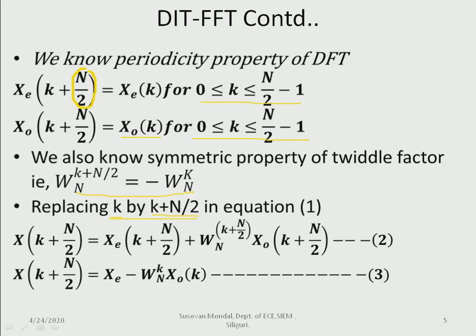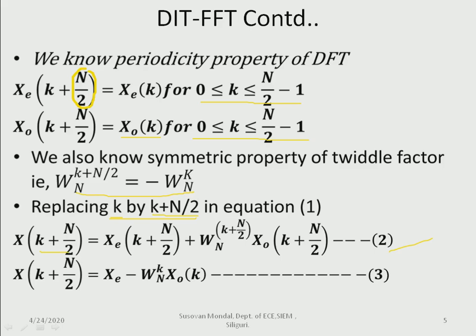In here if we replace k by k plus n by 2, that means we are considering the next k samples, n by 2 to n minus 1. So we replace k by k plus n by 2 in equation number 1, and we get this equation.